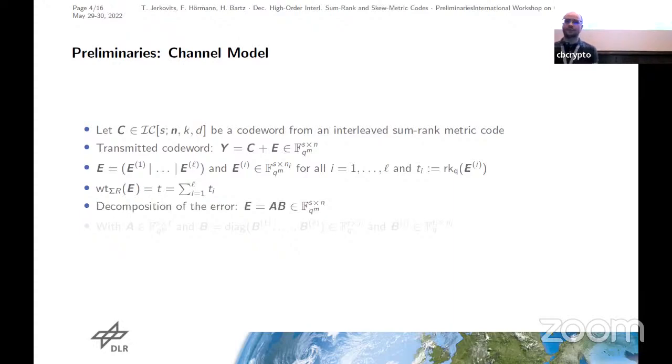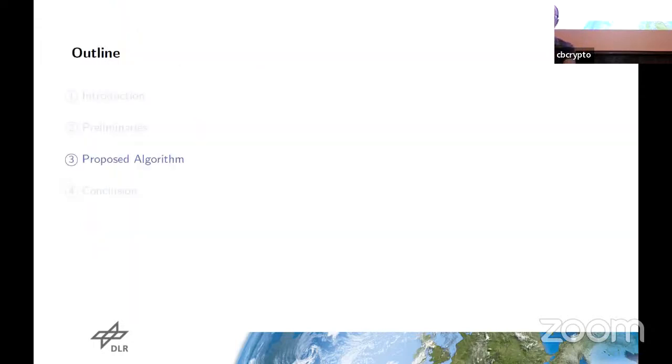We can also consider the decomposition of such an error, which is not necessarily unique, in a product of two matrices, A times B, where the left matrix A is over F_{q^m}, and the right matrix is over F_q and is a block diagonal matrix where each of these blocks has size t_i, the rank of the block, times the length of the block n_i. Okay, so this is all we need for now.